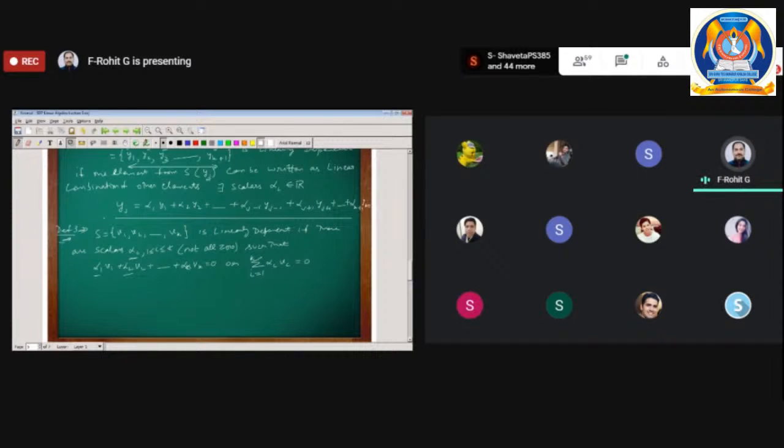That means there is some relationship between these vectors, that's why they are linearly dependent. And we can write that in mathematical form like this. So see this definition for 1 minute, then I will proceed. At 6:06 I will proceed. And if you have any doubt, you can unmute your mic.